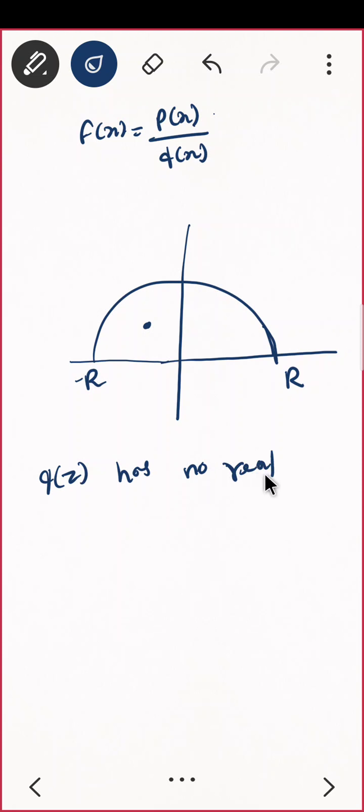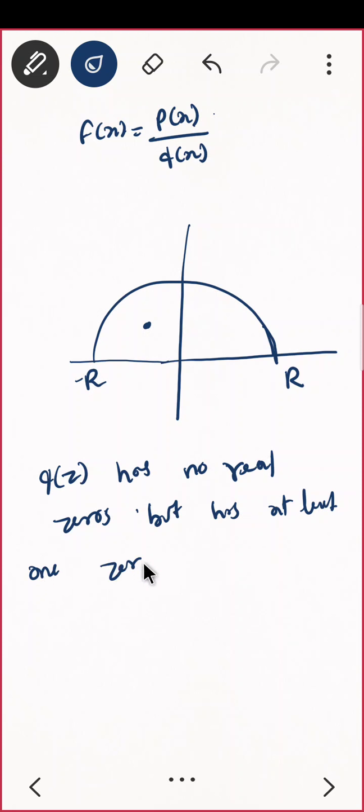Q of z has no real zero, but has at least one zero above the real axis. Why no real zero? Can somebody tell me?